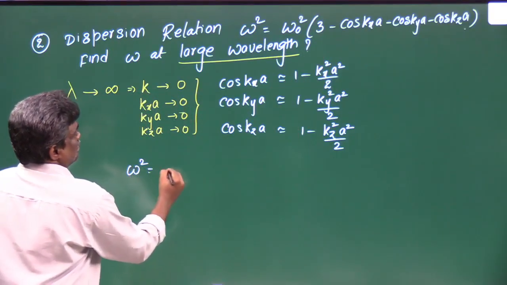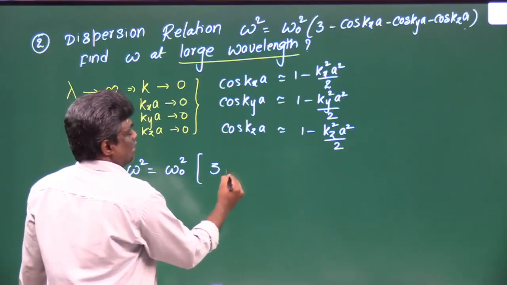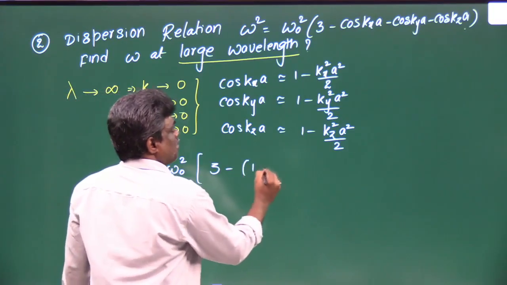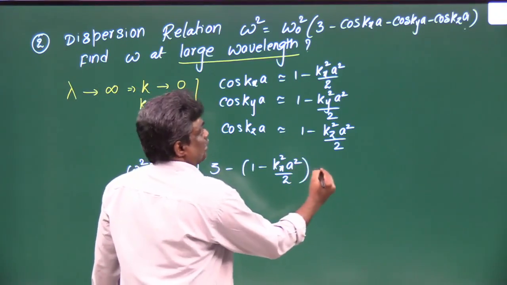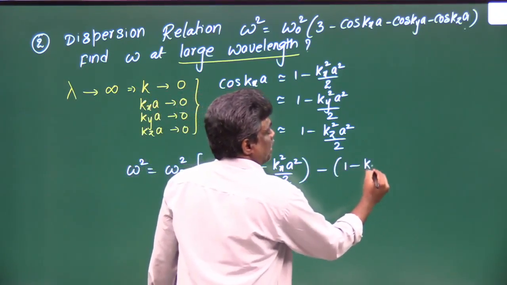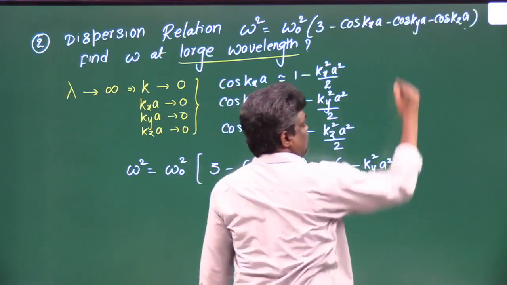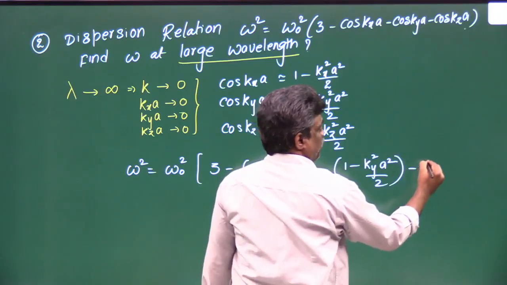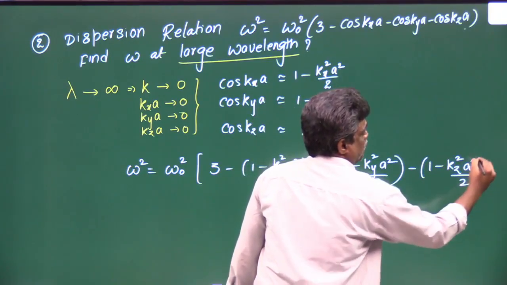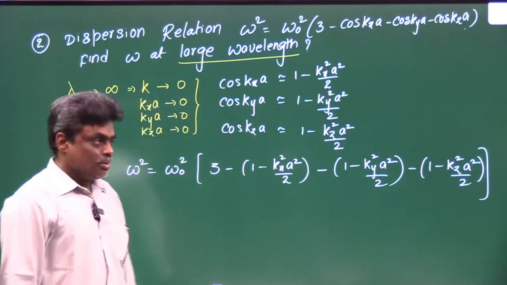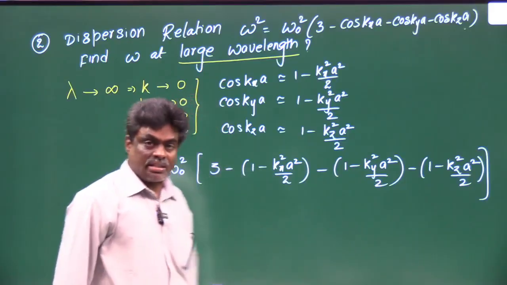Now take all these things and substitute. Finally, omega square is equal to omega naught square into 3 minus, substituting, 1 minus kx square a square by 2, minus 1 minus ky square a square by 2, and again substituting cos kza, minus 1 minus kz square a square by 2. So here we have 1, 1, 1, that is 3, and these cancel.